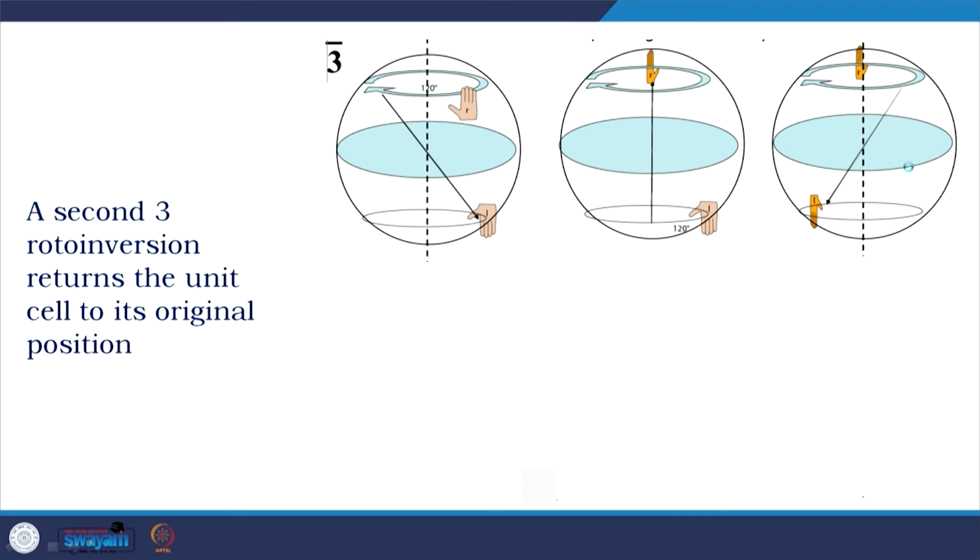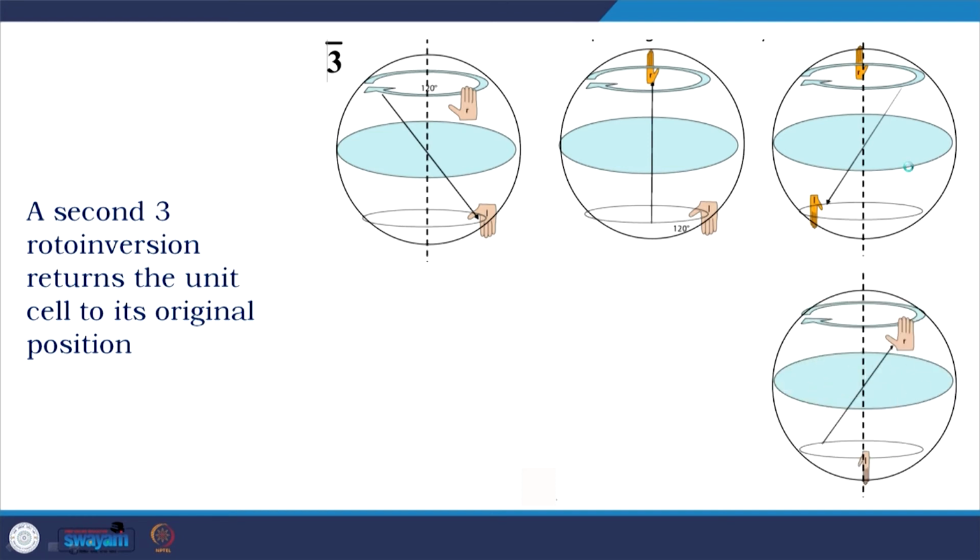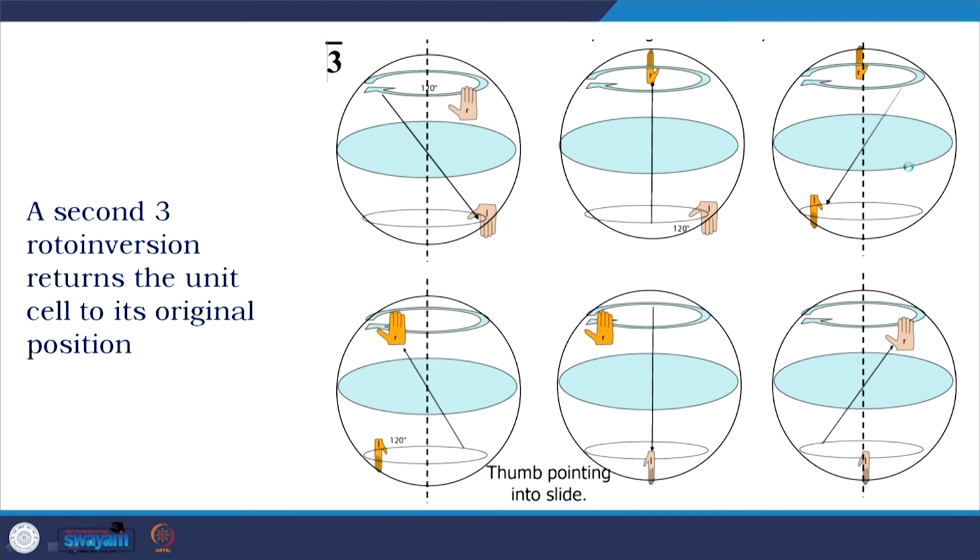Because it is threefold, you are making a 120 degree rotation with the inversion. So, you see the changes in the picture with the corresponding change of 120-degree angle with the inversion.